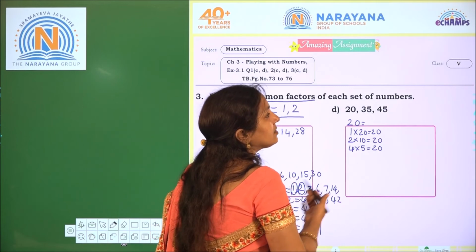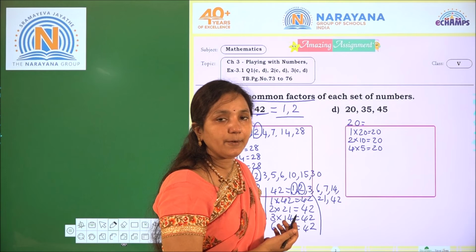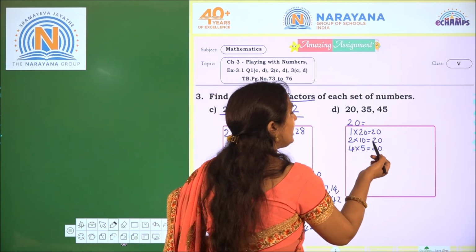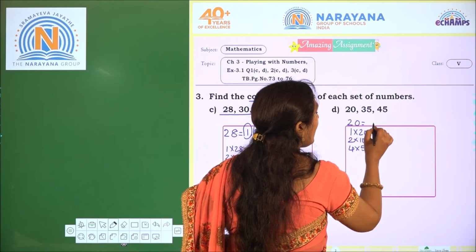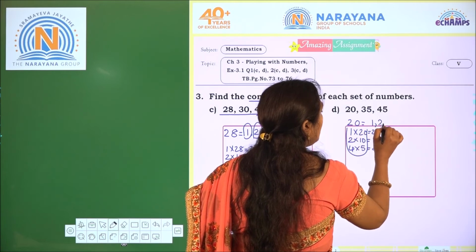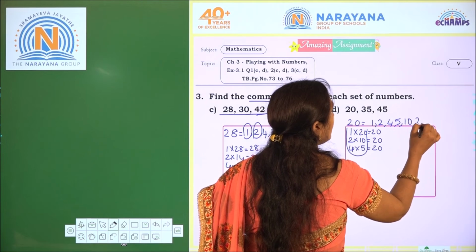In the 6 table, 20 is not there. 7 table? No. 8 table? No. 9? No. 10? Yes, 10 twos are 20. 20 ones are 20. So the factors of 20 are 1, 2, 4, 5, 10 and 20.